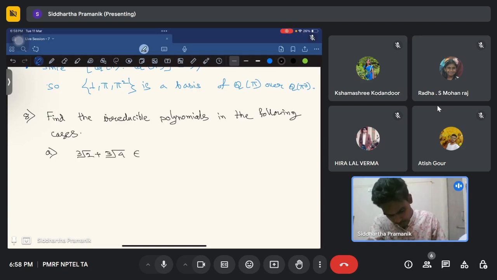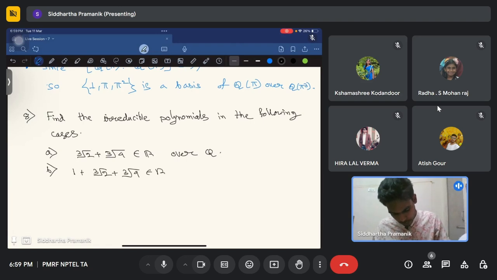So this is an element of R. So find it over the base field Q. So what is the irreducible polynomial of this element over Q? The second thing is 1 plus cube root of 2 plus cube root of 4. So this is an element of R, so find the irreducible polynomial of this element over Q.